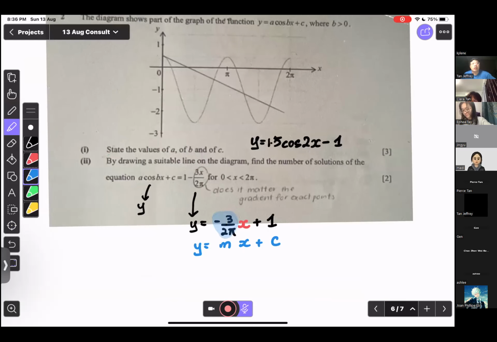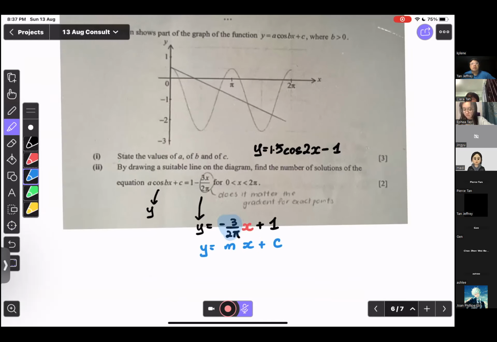Yeah, but like the same method, because I didn't really find the exact points. I only based off the fact that y-intercept is 1 and the gradient is negative, then I just randomly draw one line going downwards. That's okay.